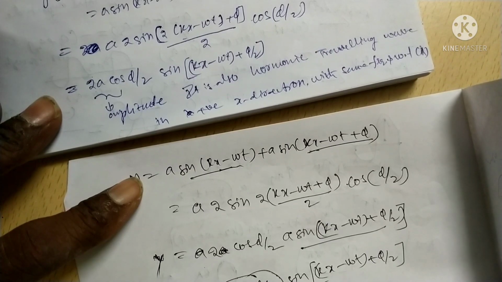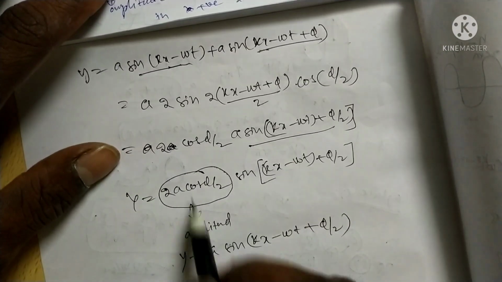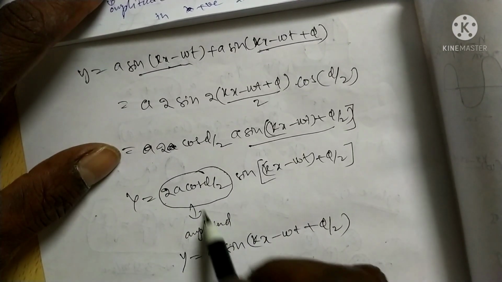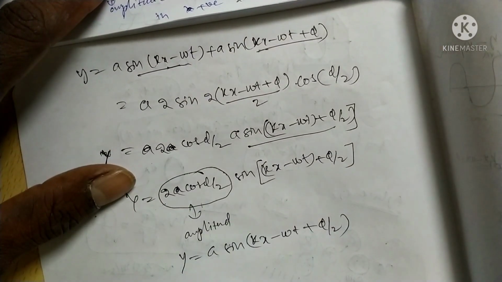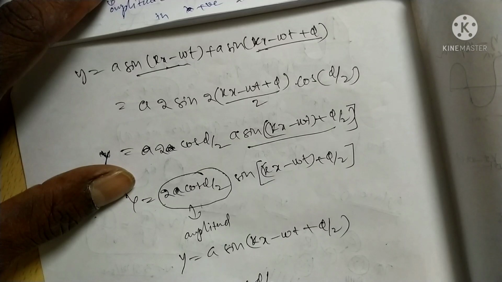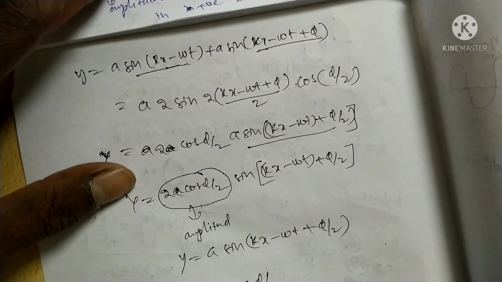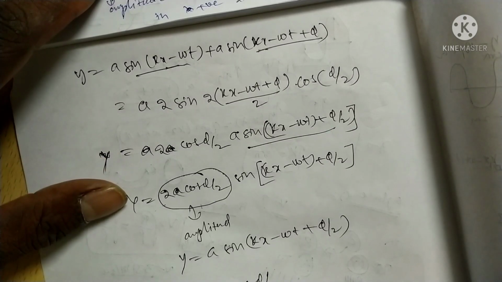Comparing with y equals A sin(kx minus omega t plus phi/2), we get A equals 2a cos(phi/2), the amplitude of the resultant superposition of the two waves.